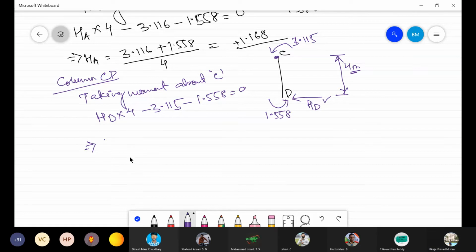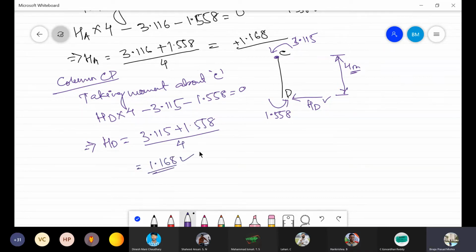So this implies HB equals 3.115 plus 1.558 divided by 4, that is again 1.168.